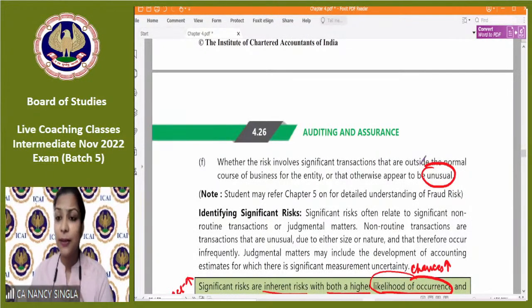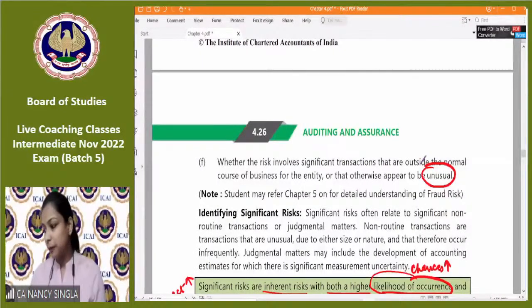Throughout the sessions that you have attended, we discussed that in all these risk assessments of risk of material misstatement, everywhere in the audit, the auditor applies his professional judgment. So understood? Magnitude, yes, Hitesh, it means intensity. Okay? So I hope your doubts are clear.